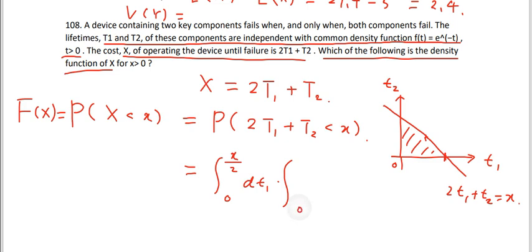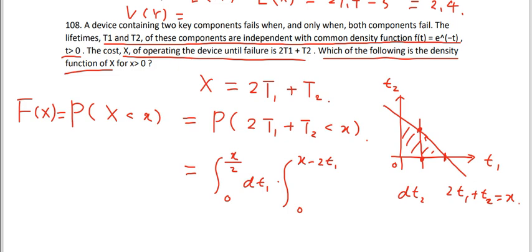T2 goes from 0 along this line, from here to here, so t2 goes up to x minus 2t1, then dt2.